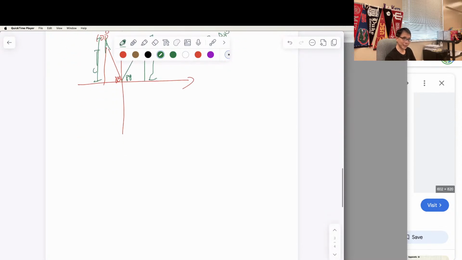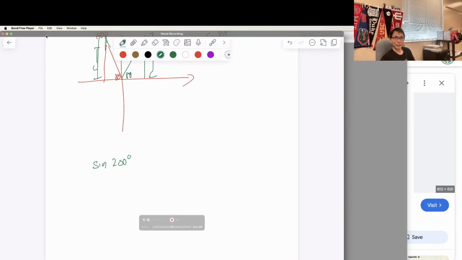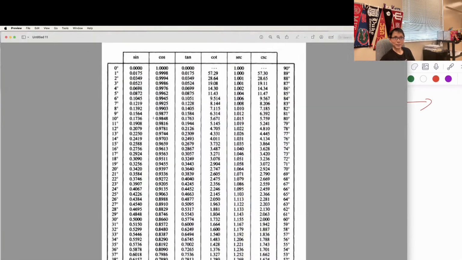So what if I take that table and look for the sine of, I don't know, 200 degrees? Be careful. Sine of 200 degrees. What do you think it is? If you know it, raise your hand. Hold on, let me give you sine of 200 degrees.